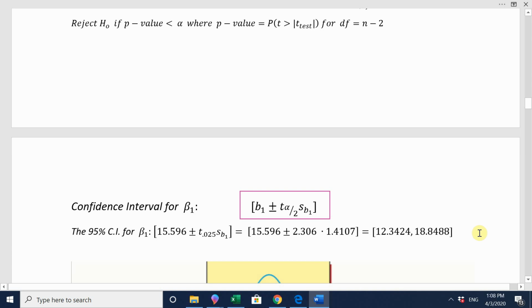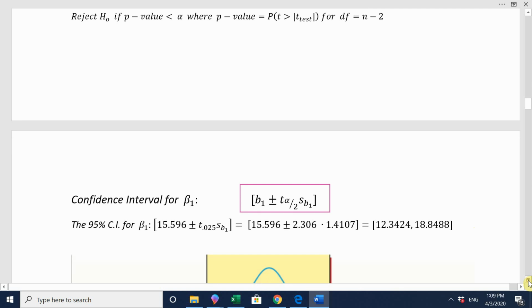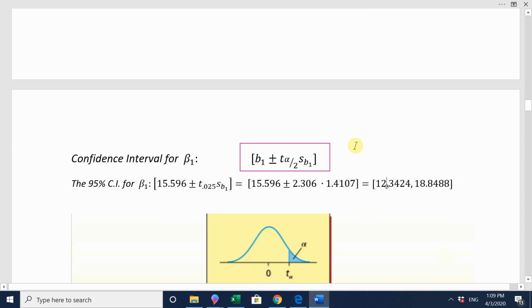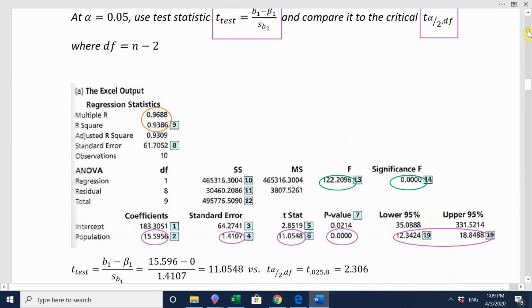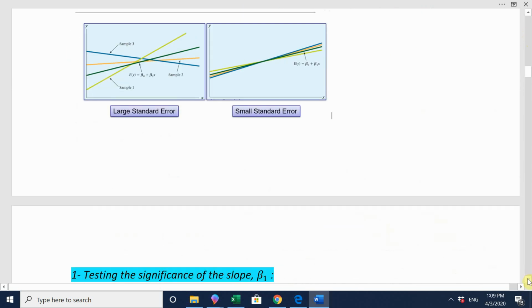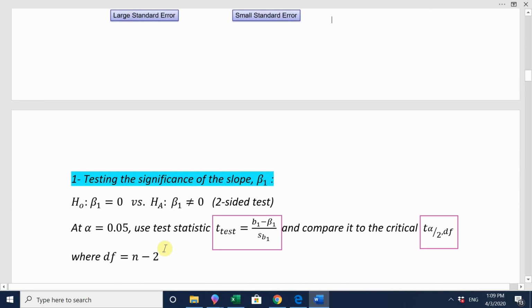Now, one key thing to note here is that my confidence interval does not contain the value 0, which is a good sign. It means that I can reject my null hypothesis. If I go back to my hypothesis statement, we said that the null hypothesis says the population slope equals 0.